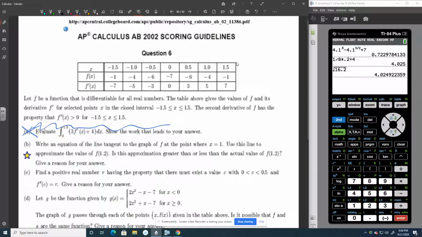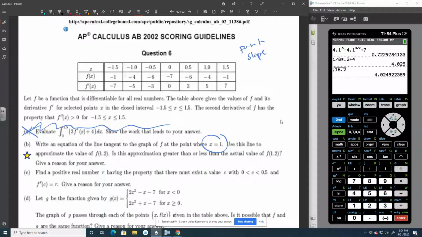We can write an equation of a line tangent to the graph of f at the point where x equals 1. So it's asking us to approximate near x equals 1. What would the value be at 1.2? So we're going to find a linear approximation. To do that, we need a tangent line, which means I need a point and a slope. The point it wants me to use is x equals 1.